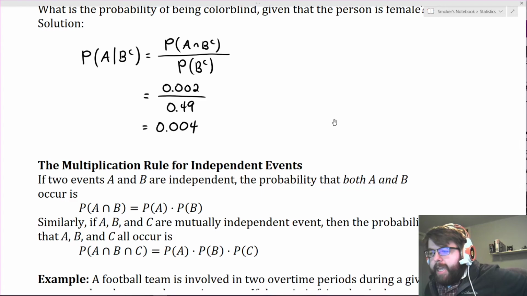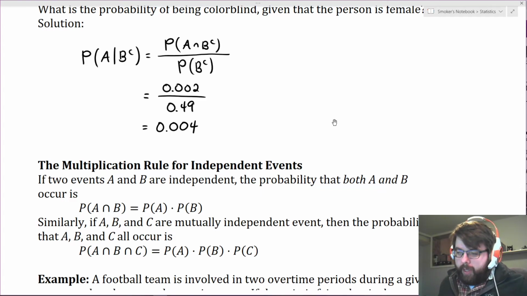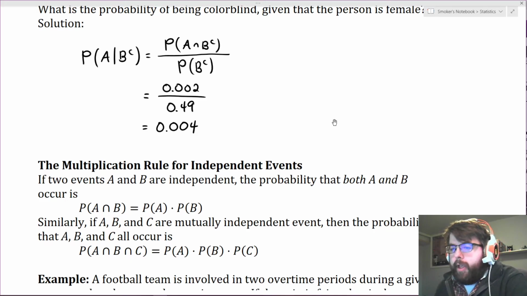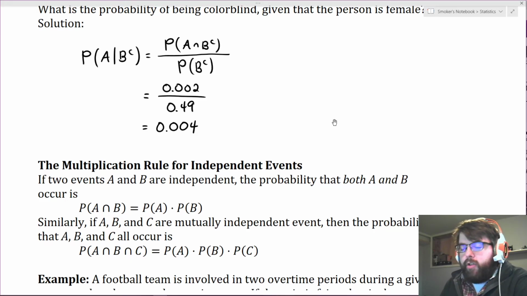If two events are independent, they are not dependent on each other, like a coin flip and a die roll, or two dice rolling, the outcome of one isn't going to affect the other. Then the probability of both of those happening is you just multiply the two together. There's no conditional. The probability of getting snake eyes, two ones on two dice, is 1/6 for one die times 1/6 for the other die.